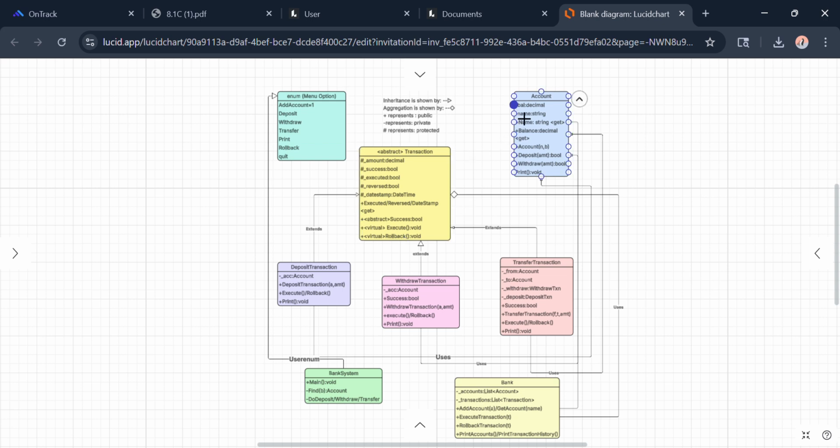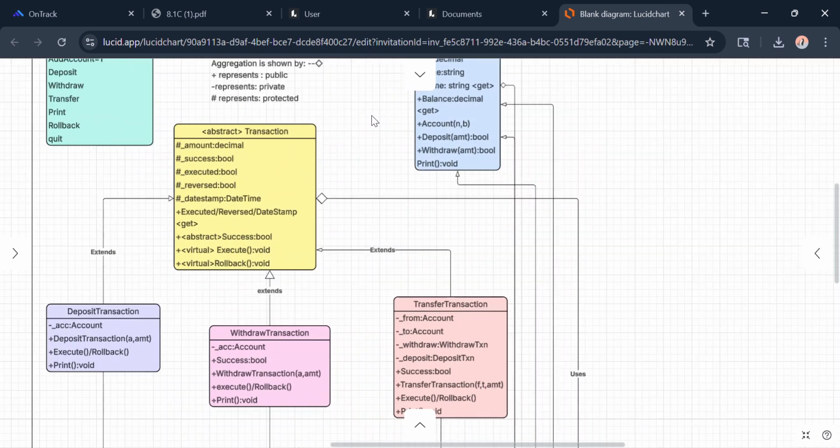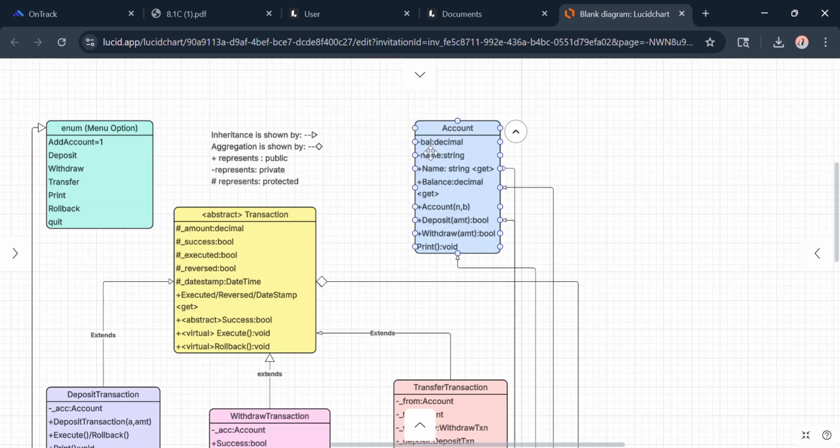Here we can see that there are some signs like minus and plus. Minus and plus represent the access modifiers. Minus represents that the variables are private, which cannot be accessed in another class or inherited class, and plus represents that they are public, meaning they can be accessed in an inherited class as well as a different class.